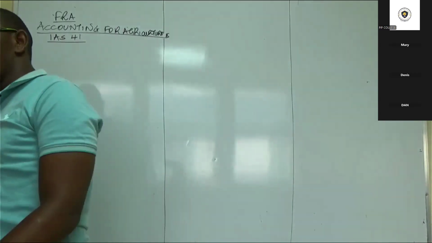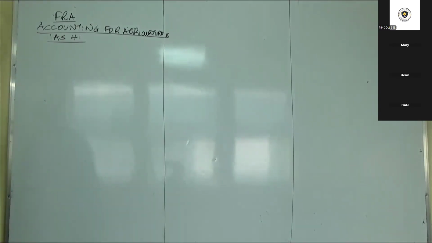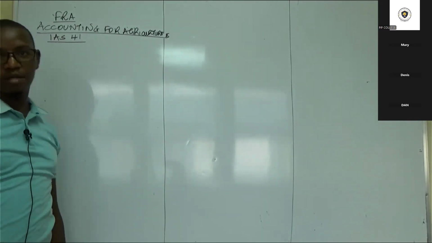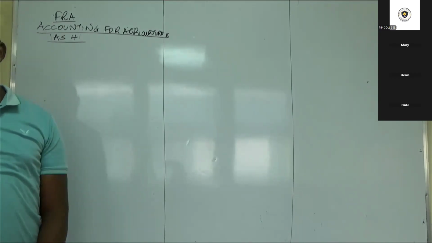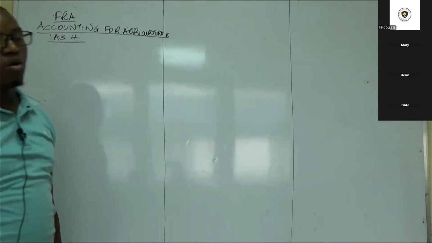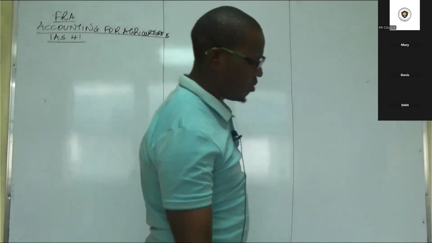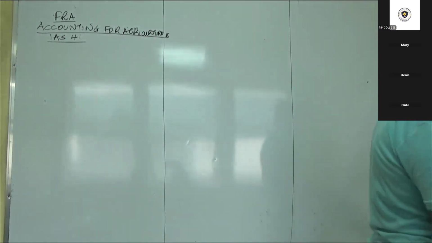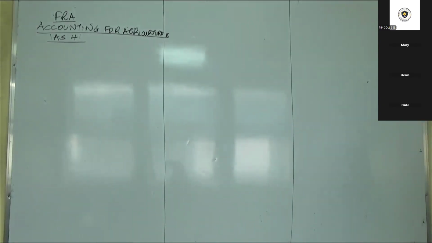We'll be able to know the circumstances under which an entity should recognize biological assets on the financial statements, the features of an agricultural activity, and then the accounting treatments of biological assets.